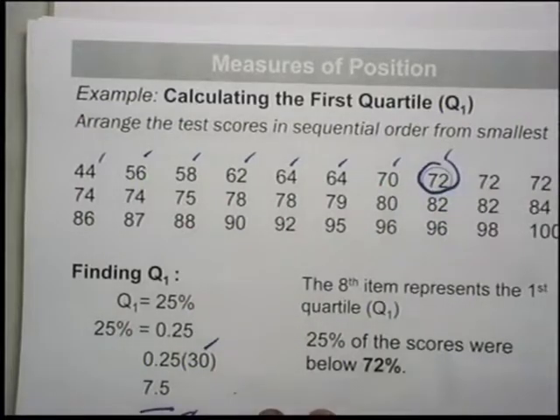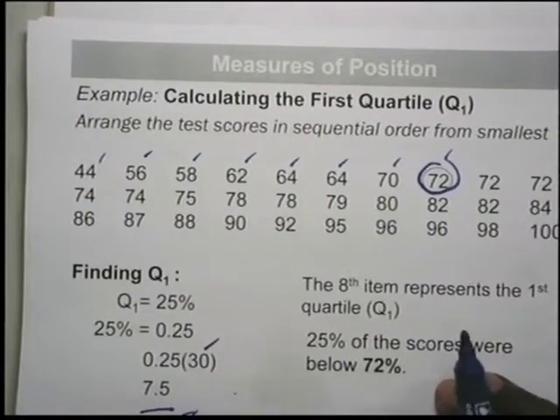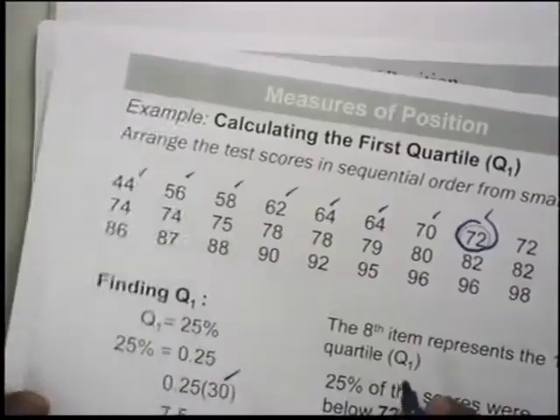So that number is our first quartile. What it simply means is 25% of the scores scored by this class of 30 were below the mark of 72%. So it's as simple as that.